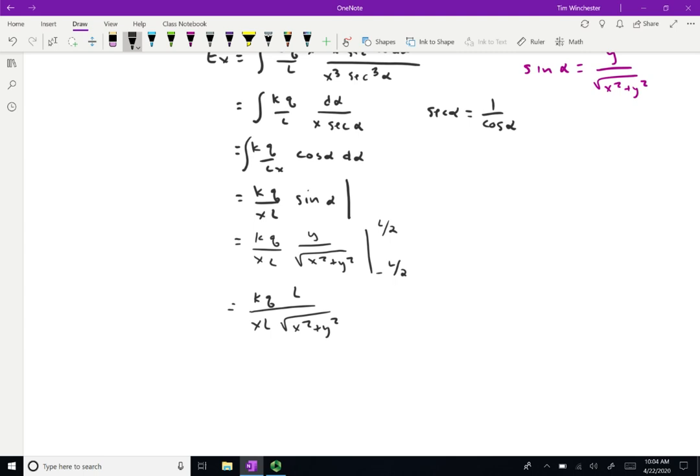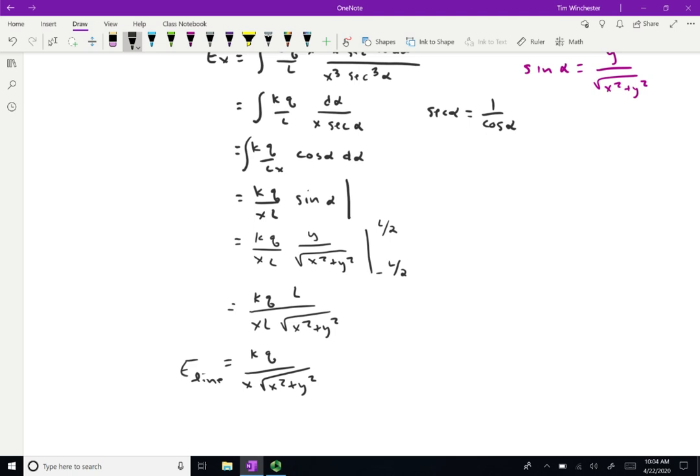The L's cancel. And then at the end of the day, you've got kq over x square root of x squared plus y squared. All right, so this is the electric field near a line of charge or near a rod.